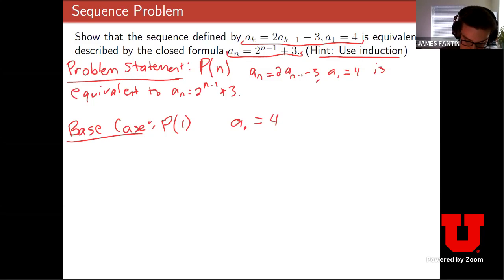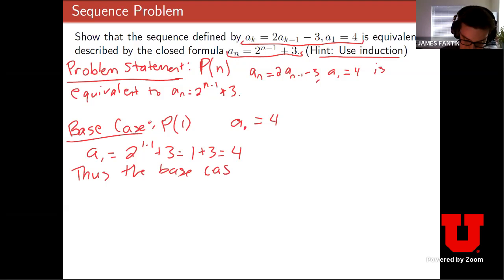If we use the closed formula, a1 is equal to 2 to the 1 minus 1 plus 3, which is 1 plus 3, which is 4. So the base case holds. The value from our recursive formula is the same as the value from the closed formula.